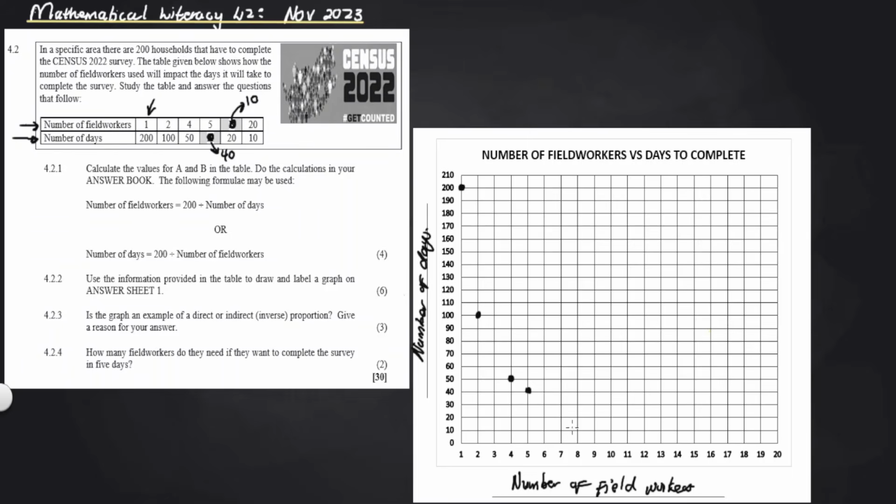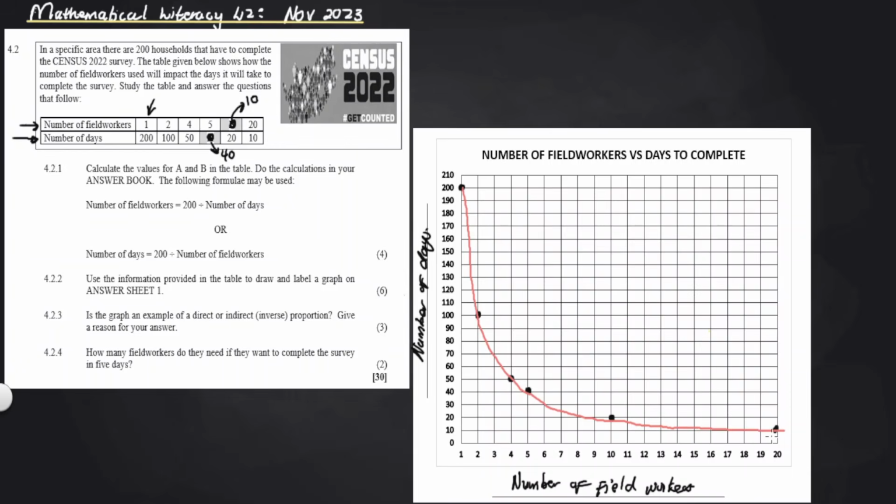Then we have 10 and 20, right here. And then we have 20 and 10. So our graph, when connected, is going to look something like this. We connect the points like this. All right, so this is our plot.